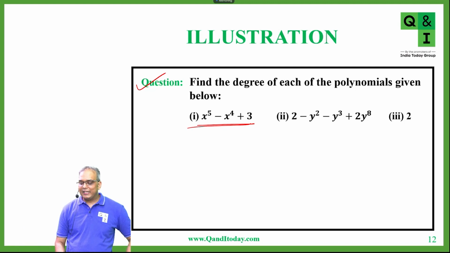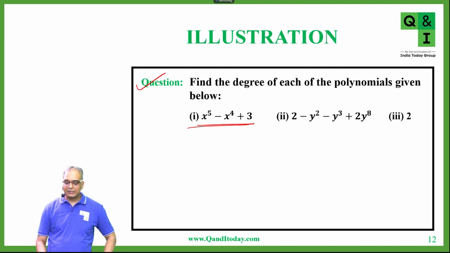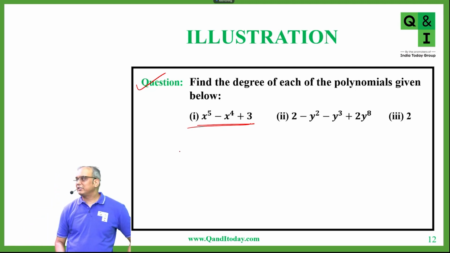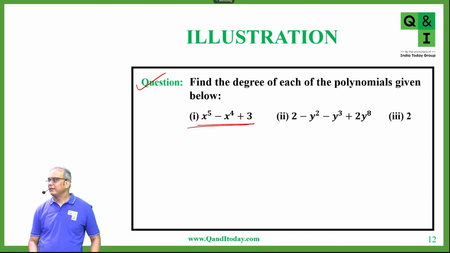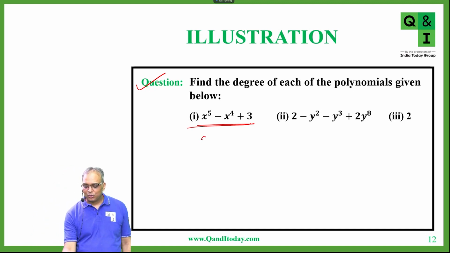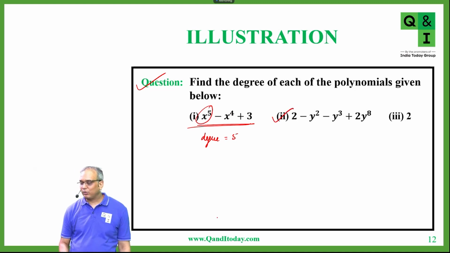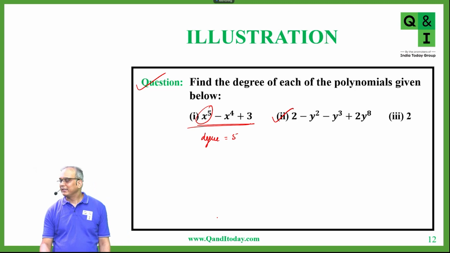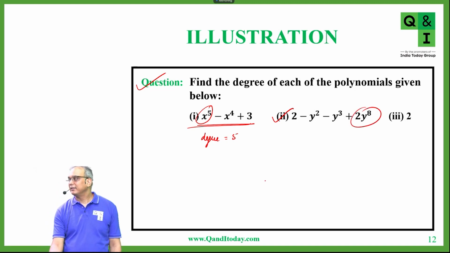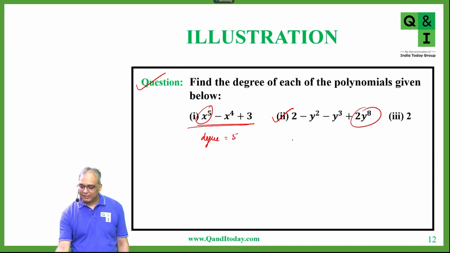Now, find the degree of each of the following polynomials. If you see x5 minus x4 plus 3, what is the degree here, students? 5. Correct. The degree is the highest power of x, which is 5. In the second one, what is the degree? 8. Correct.